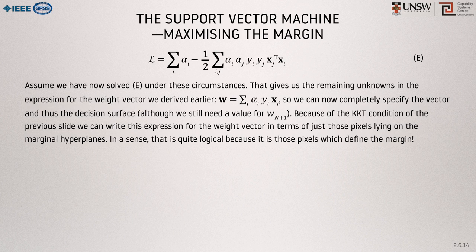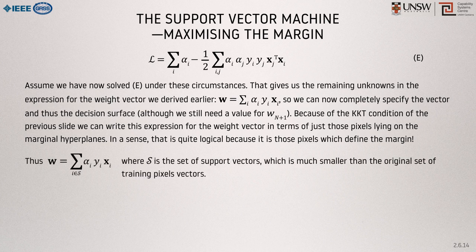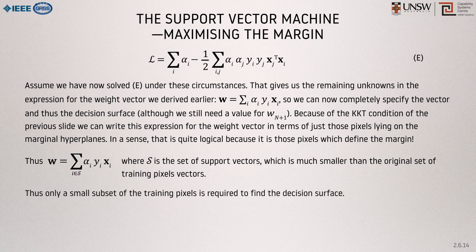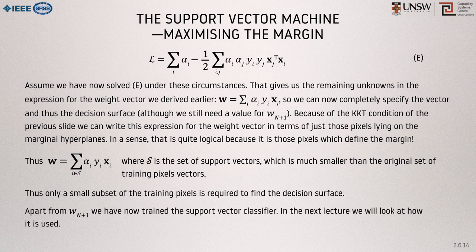Since the alpha i are 0 for all but the support vectors, we find that the weight vector expression is simplified to a sum over just the set of support vectors, script S. Once we know the w n+1, the support vector classifier has been completely trained. We will see how to do that in the next lecture, and look at the next steps needed to ensure that the support vector machine is a practical classification method.